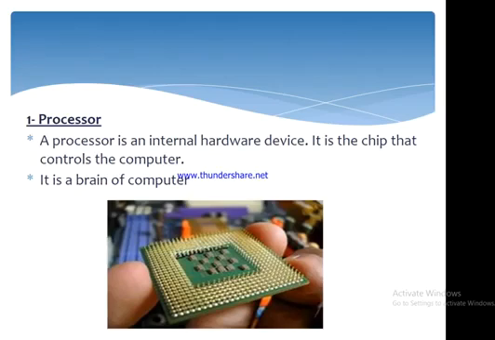In the same way, processor is the brain of computer because processor gives all the commands to the computer how to work and how to control. Processor also gives instructions to other parts of computer to perform their functions properly. That's why it is called brain of computer.